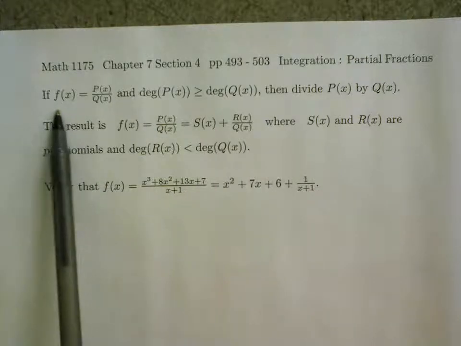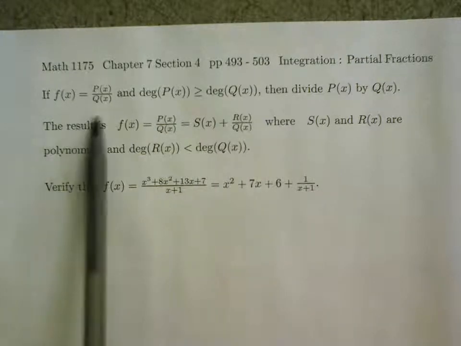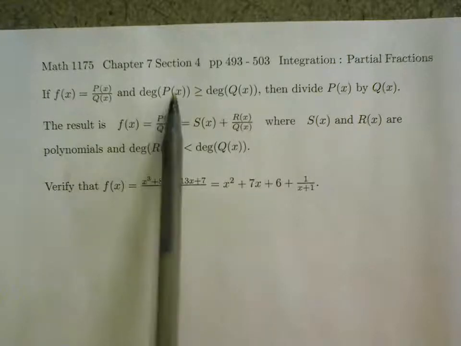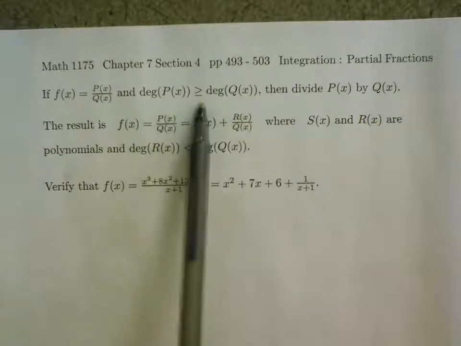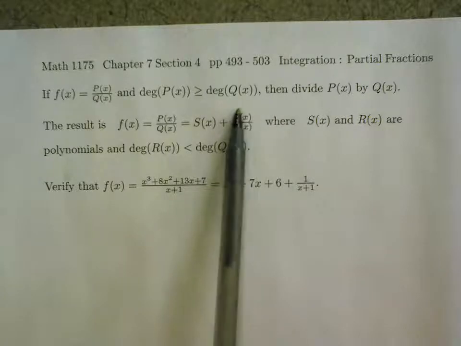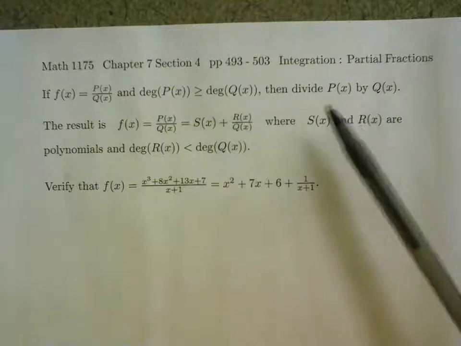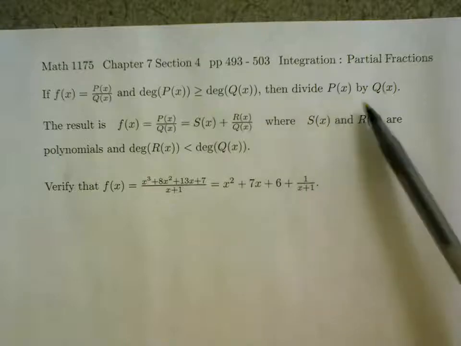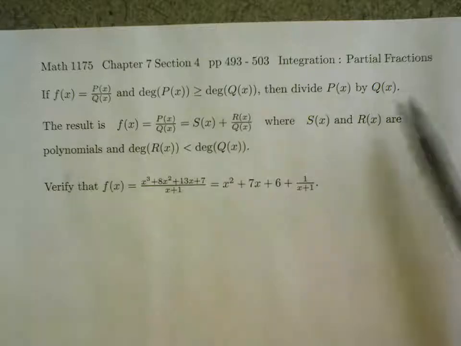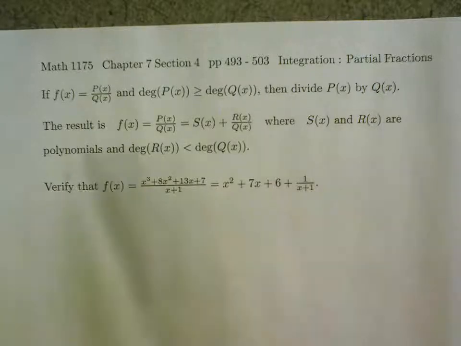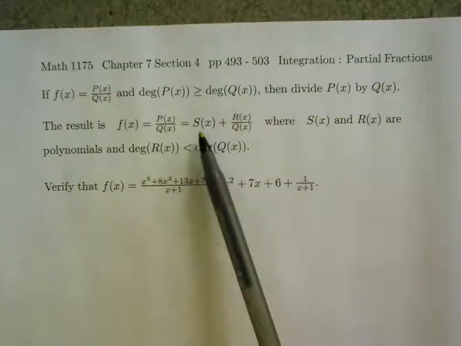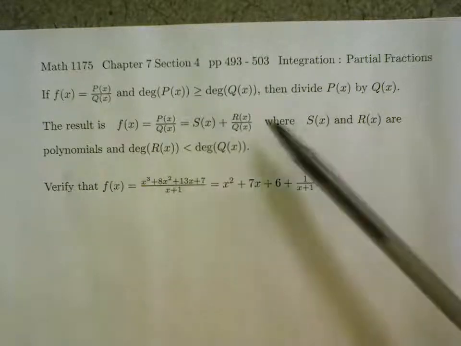So if f of x equals p of x over q of x is a rational function, and the degree of the numerator, the degree of p of x, is greater than or equal to the degree of the denominator q of x, then what we want to do is divide the numerator p of x by the denominator q of x using the division algorithm. And the result will be p of x over q of x equals s of x plus r of x over q of x.